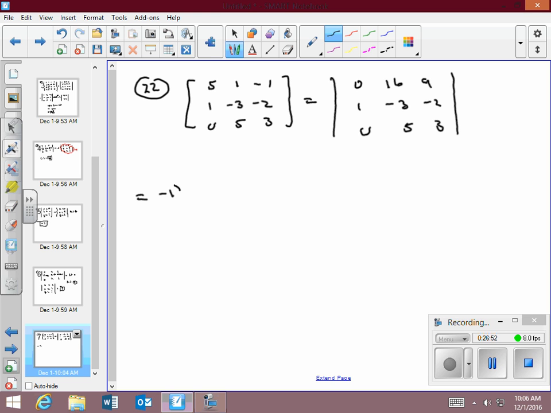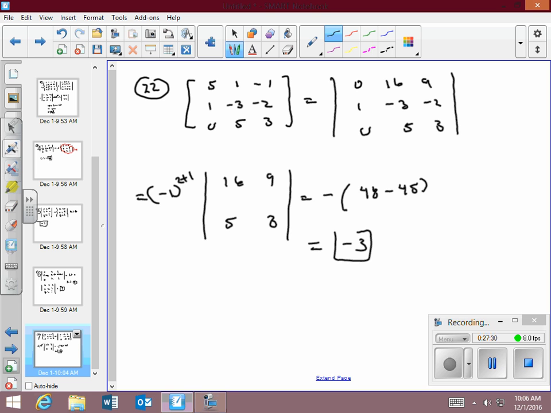So then if we do a minus 1, second row, first column, and then this is going to be 16, 9, 5, and 3, which equals a negative 48 minus 45 minus 3. Okay, so it's a minus 3.